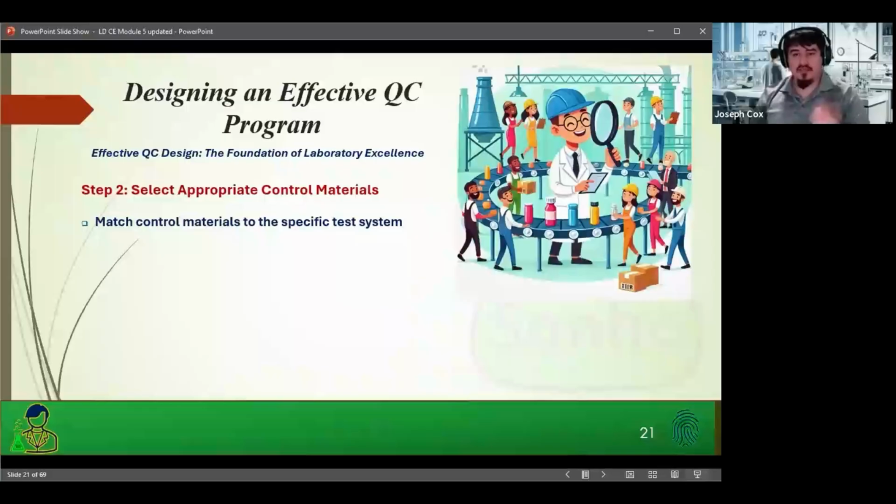You need to test it as free morphine, especially if your analyzer or your mass spec is set to detect free morphine. You can't be testing the conjugated morphine. So you need to make sure that your control material is appropriately set up. Also, if you're testing the free, you don't want to purchase the glucuronide if you don't have a hydrolysis system set up.